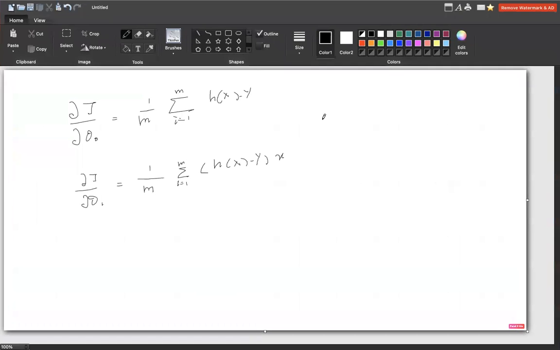It is: repeat until convergence, theta naught is equal to theta naught minus alpha into dou j by dou theta naught, and theta 1 is equal to theta 1 minus alpha into dou j by dou theta 1.